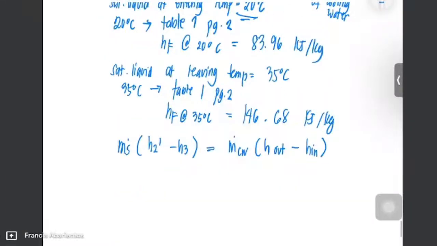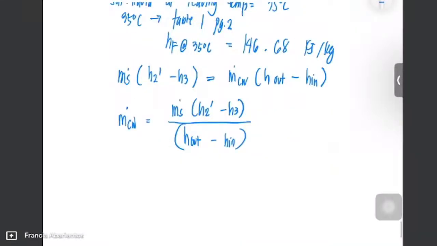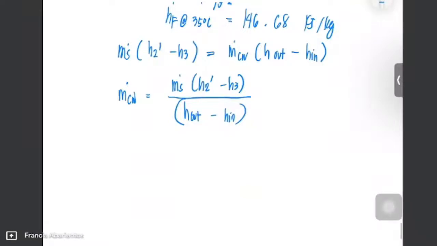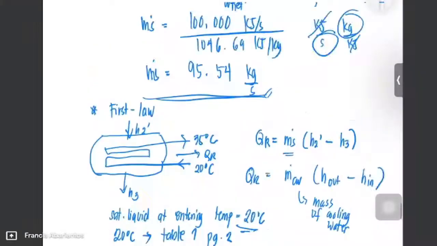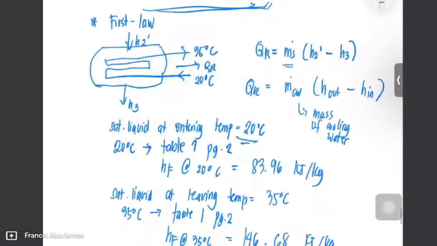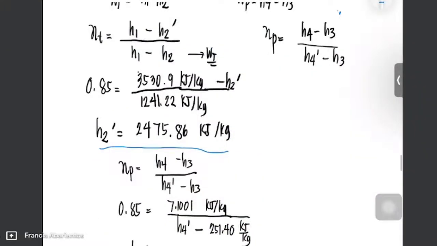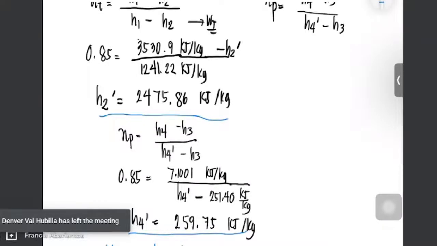So, the mass of steam, pinapahanap sa atin is the mass of the cooling water. What is the mass of steam? 95.54. H2 prime, binaw ko ng class. H2 prime, haba. Ayan. 2475.86.